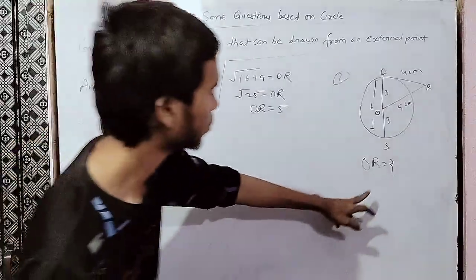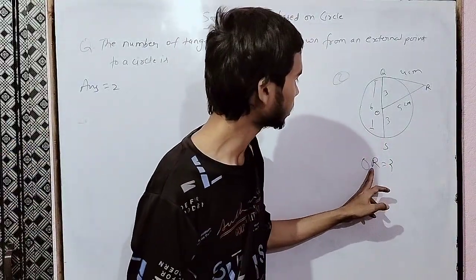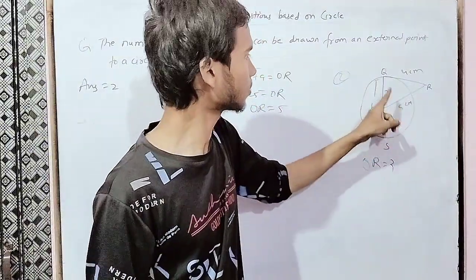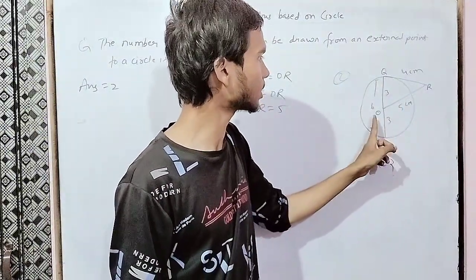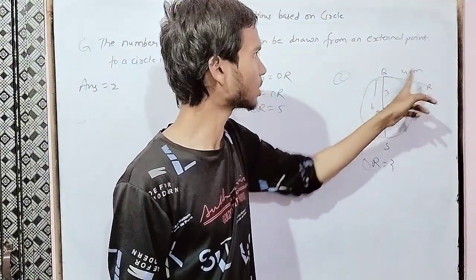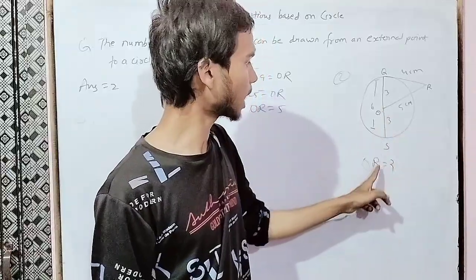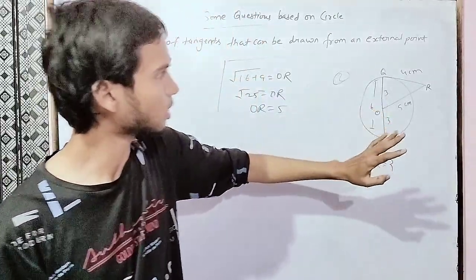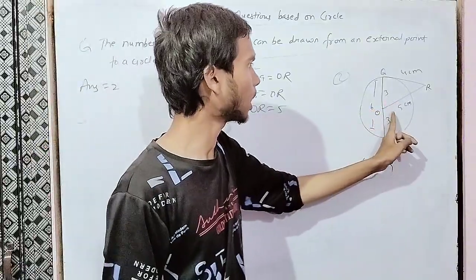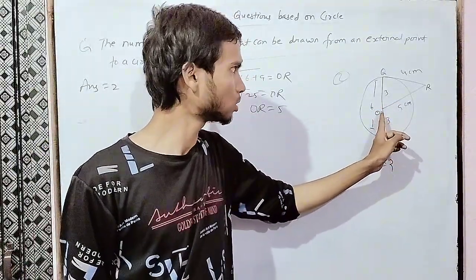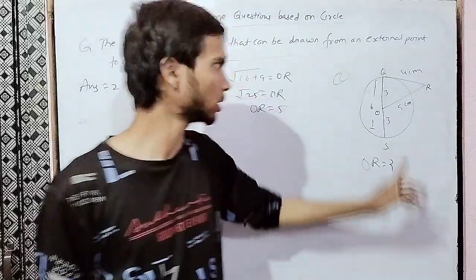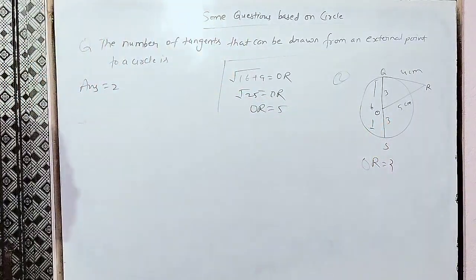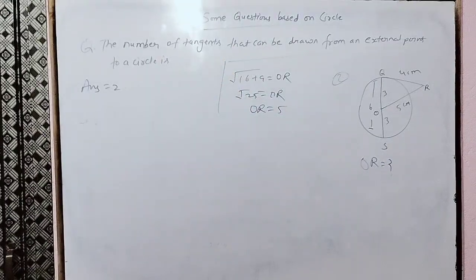We had to find OR where the diameter is given, which is 6 centimeter, QR is given, which is 4 centimeter, and the radius we found was 3. The question was to find the measure of OR, and we found the measure of OR is 5 centimeter.